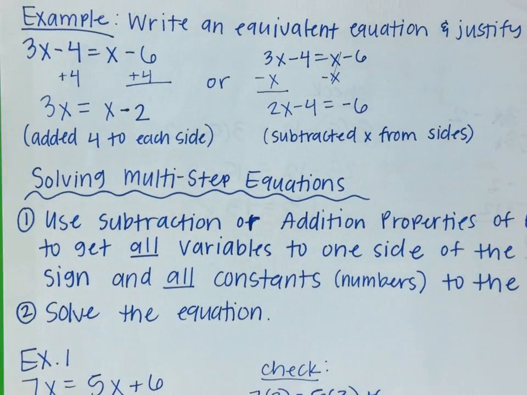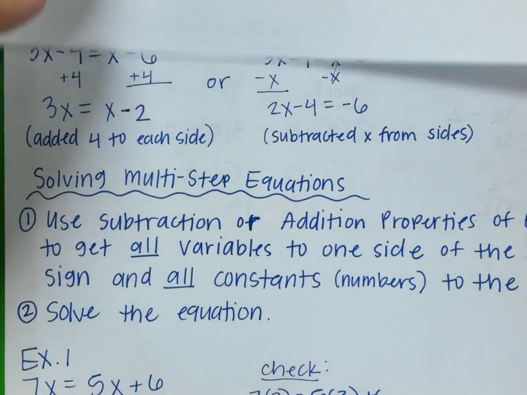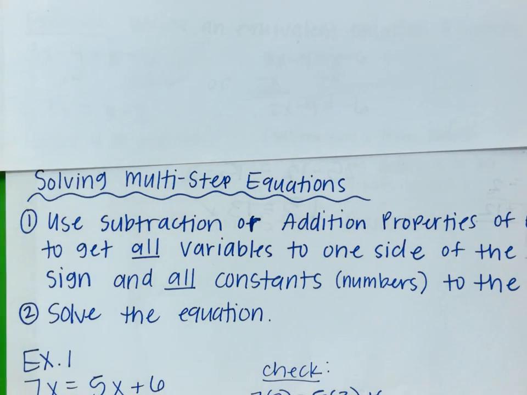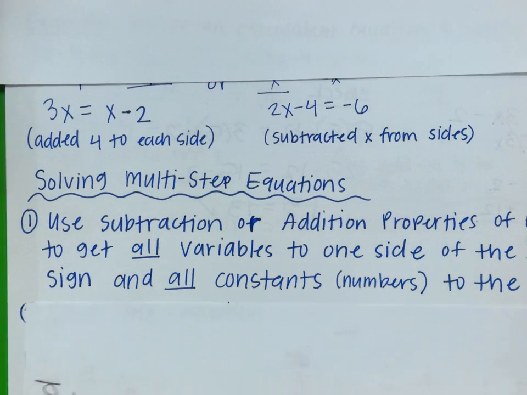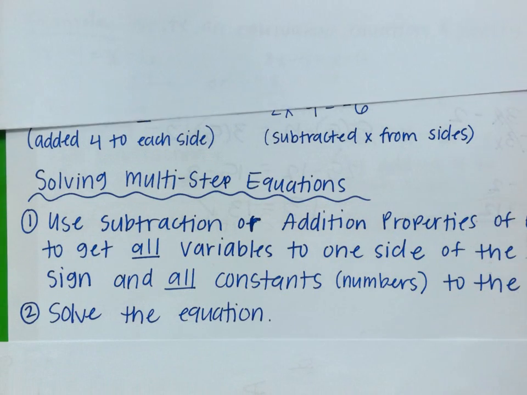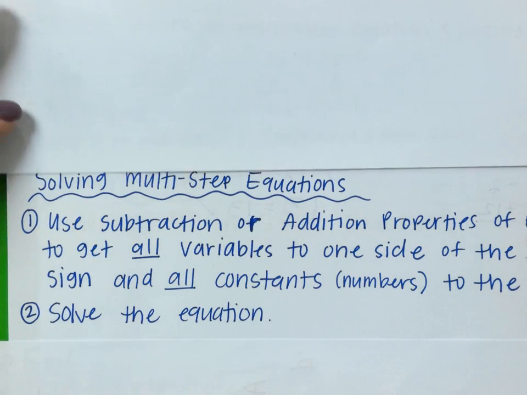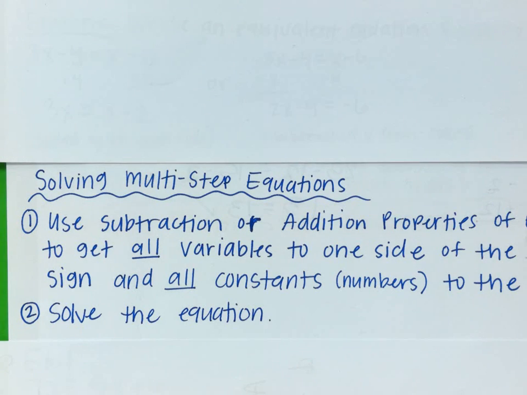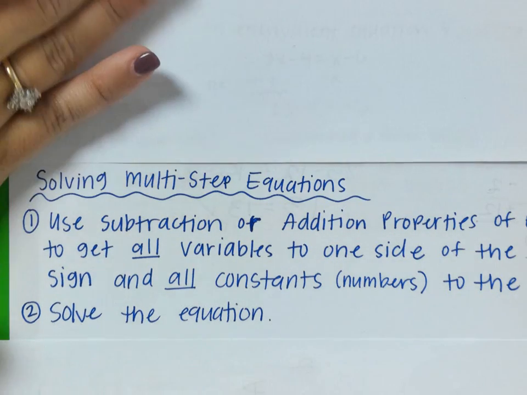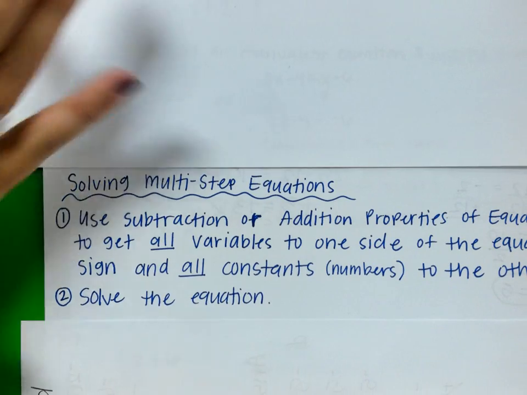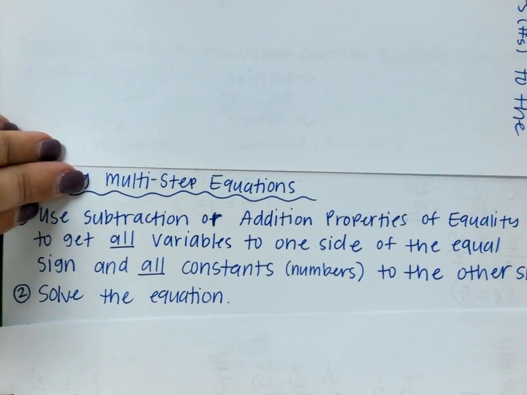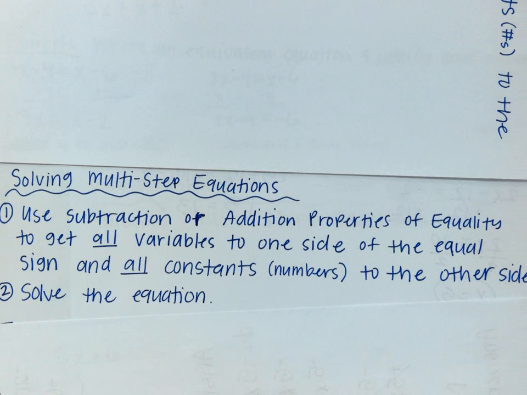Okay. So I want you to write down just those two steps right there. So use subtraction, or can y'all read that? Properties of equality. Sorry. Use subtraction or addition properties of equality to get all variables to one side of the equal sign and all constants to the other side. And then solve.